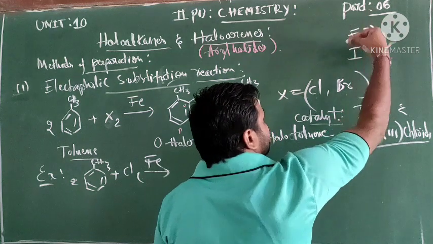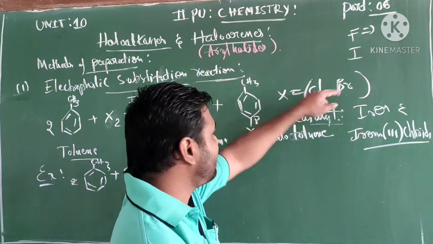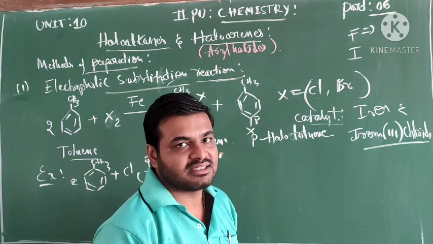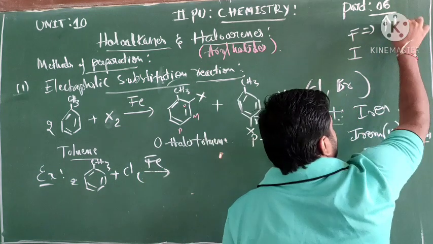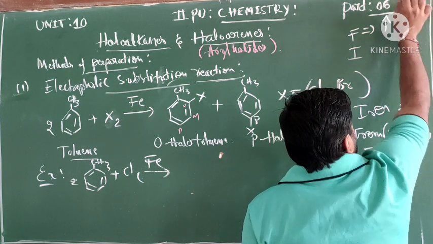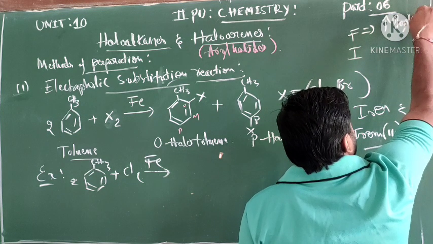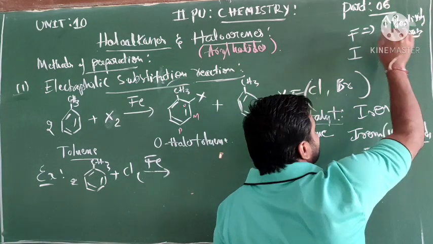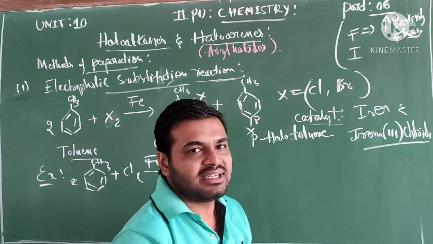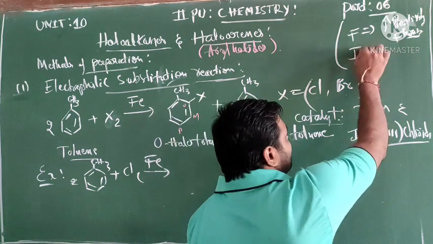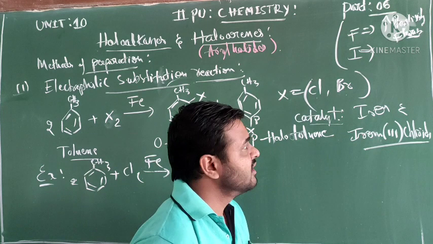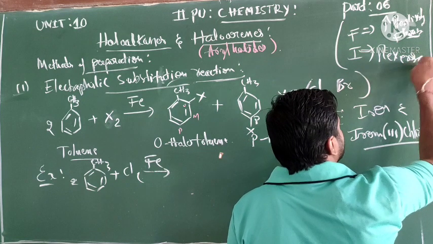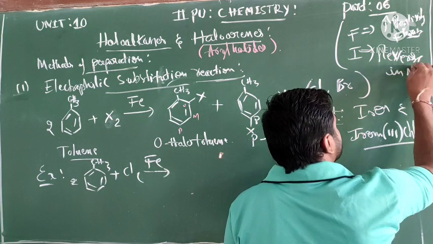So X means chlorine and bromine, but we do not consider iodine and fluorine in the electrophilic substitution method of preparation. Fluorine is a highly reactive molecule, so we do not use fluorine. And iodine is reversible in nature, so the process will be reversed.